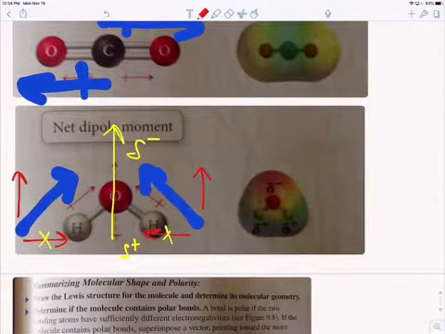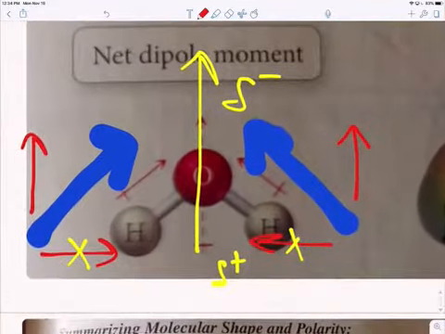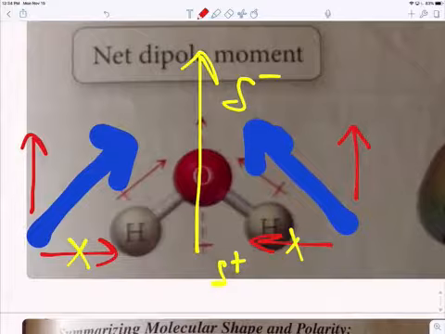Now let's look at water. So water here, here's the hydrogen, the hydrogen. Water is a bent molecule. And so the electron density flows towards the oxygen. So an electron density flows this way.